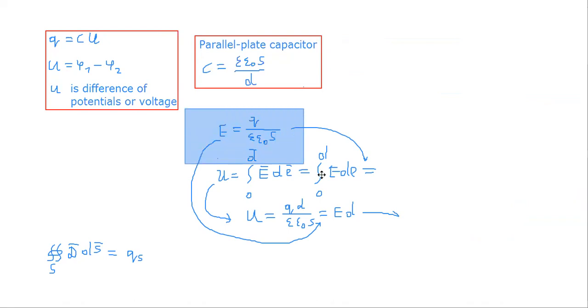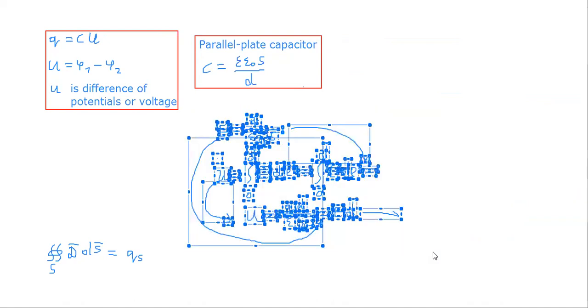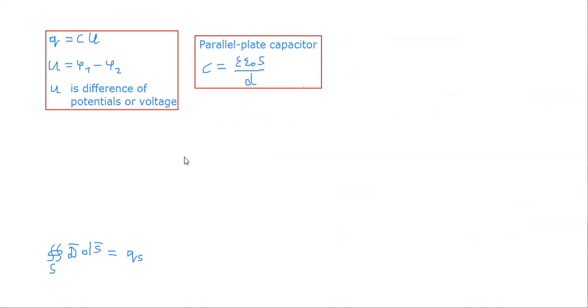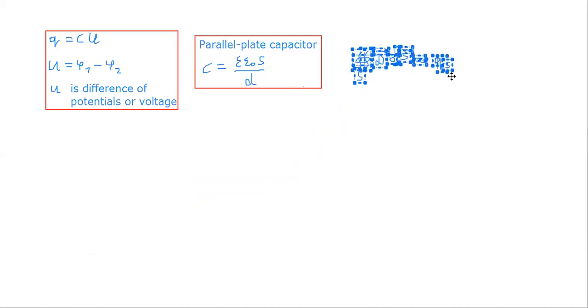And I will erase this. The next type is the cylindrical capacitor. The conductors or surfaces of the cylindrical capacitor are coaxial cylinders.